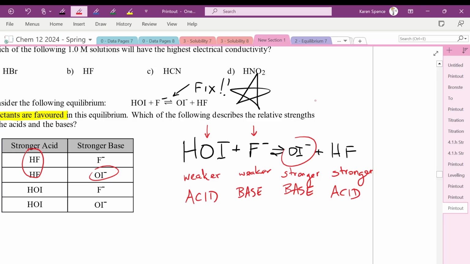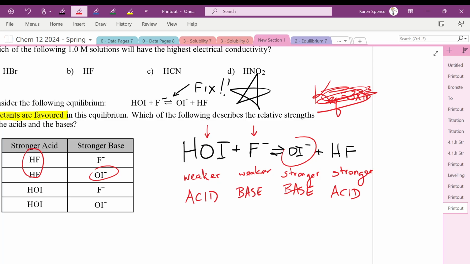So if I had a question like this, and I gave you KEQ is equal to 3 times 10 to the 3, what does that tell you? That tells you products are favored, and then you could go on and do the same sort of thought. Now, it wouldn't be that because reactants are favored, but anyway. Good question.